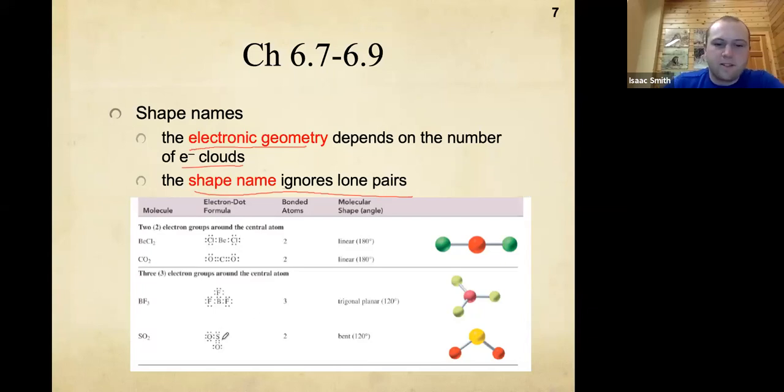Sulfur dioxide, it's kind of a bad drawing, but it would look like this. Oh, sorry. Wait, hold on. Yeah, sorry.